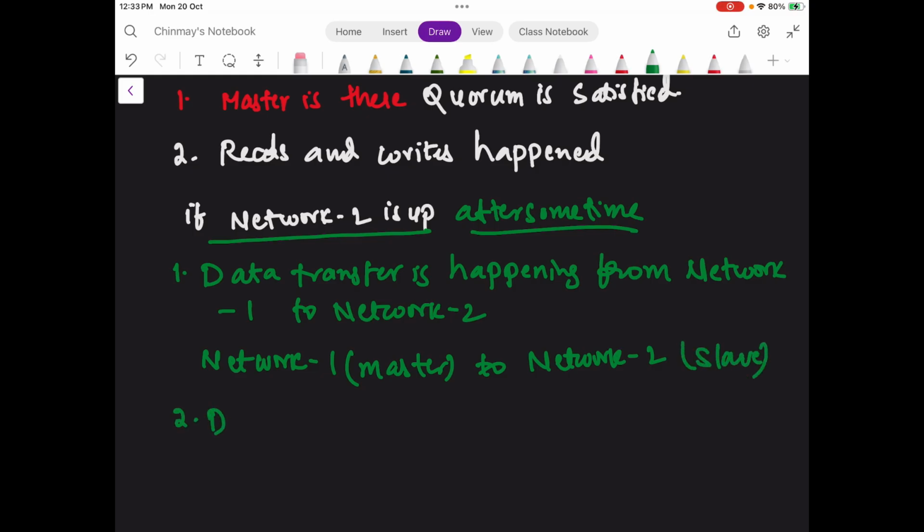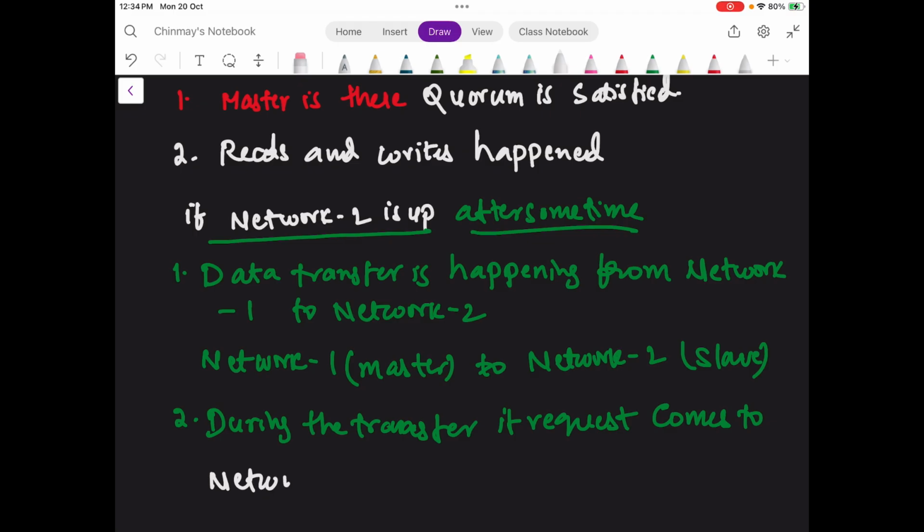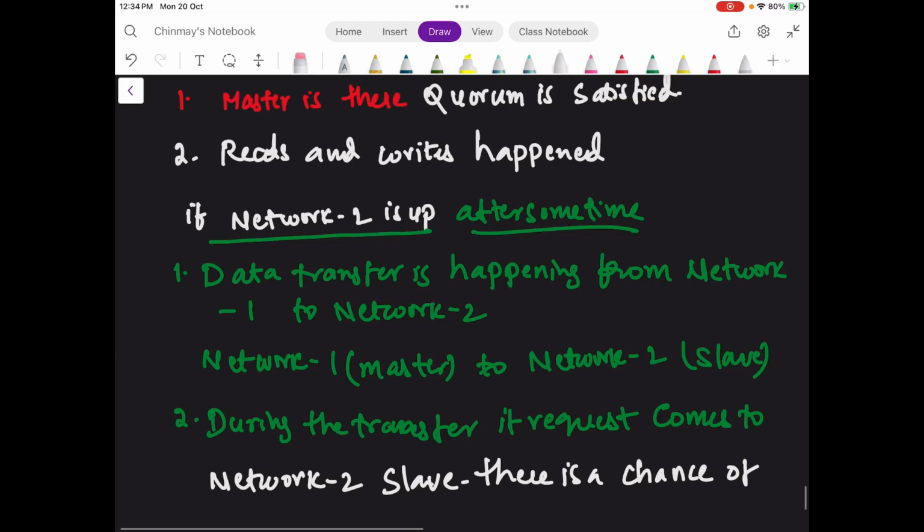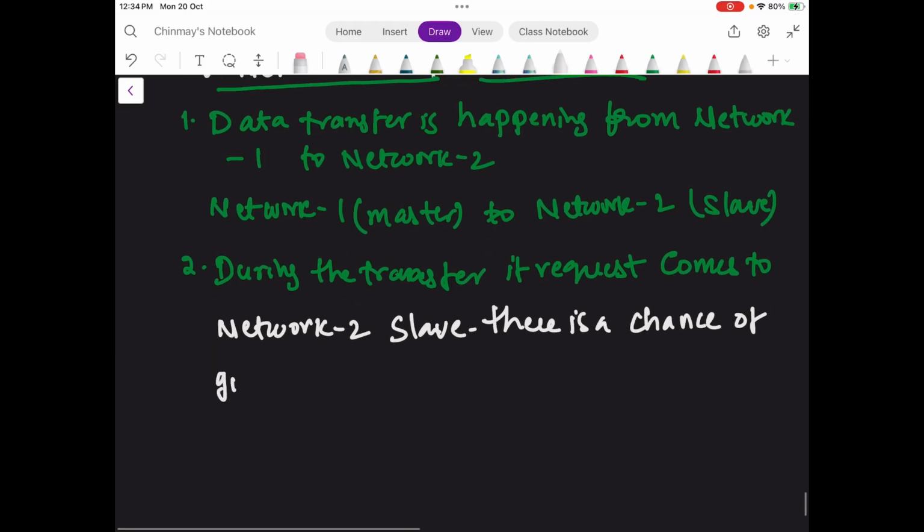During the transfer, if a request comes to the network 2 slave, what happened? There is a chance of giving wrong data.